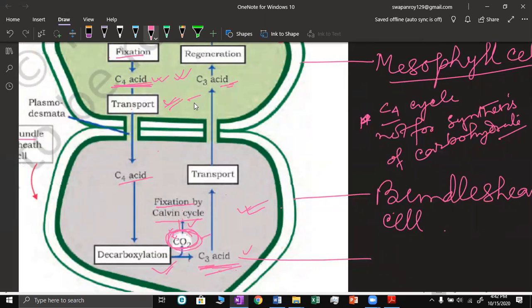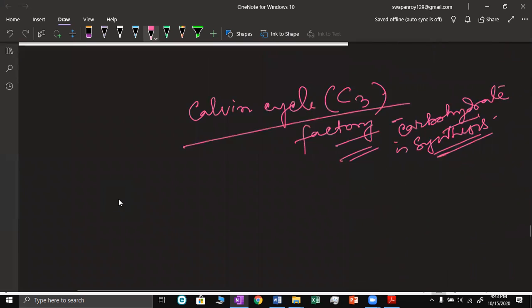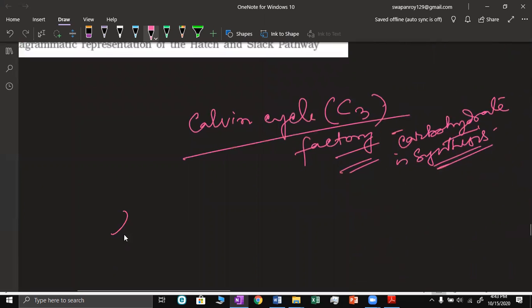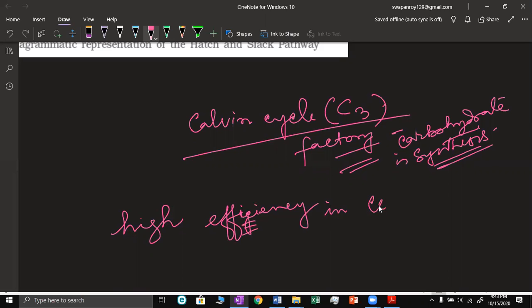So due to the C4 cycle, the C4 plants have high efficiency in carbon dioxide reduction. Okay.